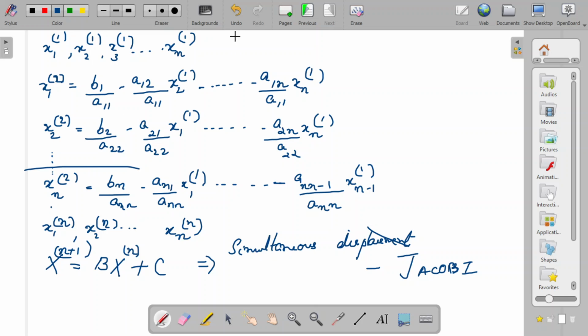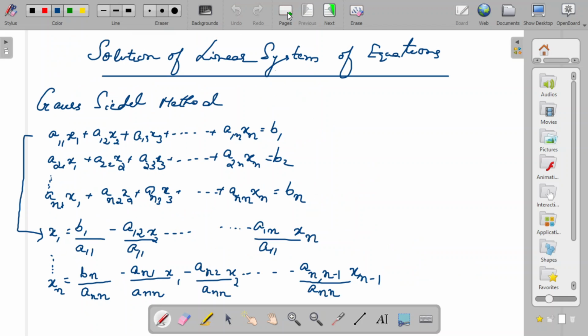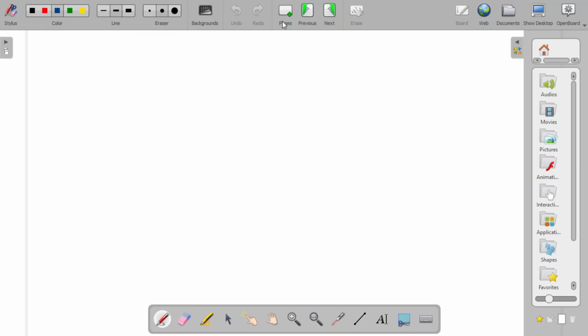So what I will write is, to make it more clear, that in the Gauss-Seidel method it uses the improved component.